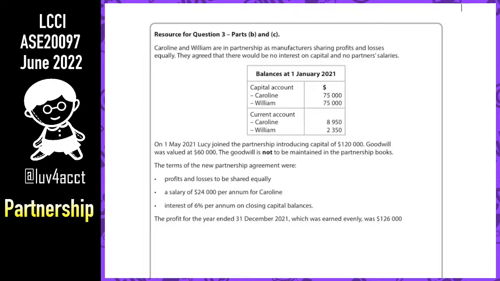So the balances on the 1st of January, year 2021, that is the start of the year: capital account, current account. For both current accounts, they are on the credit side, except if you are told that they are negative balances.